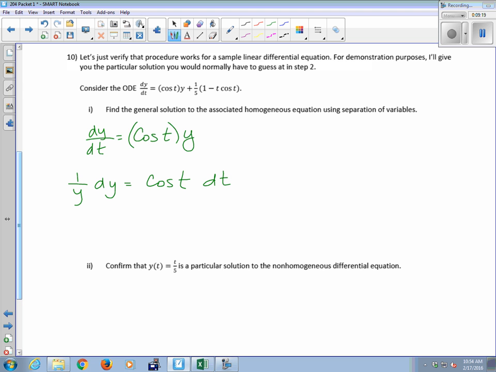Just get all the y's on one side, t's on the other, and take the integral of both sides. So antiderivative of 1 over y, ln y. It's technically the absolute value, but that's kind of a subtle point. I'm just going to ignore it for now. The integral of cosine is sine.